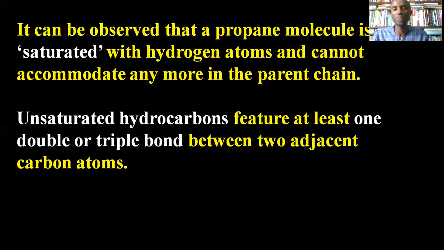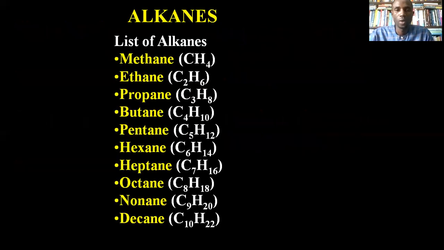Whereas an unsaturated hydrocarbon will feature at least one double bond or triple bond on it. But a saturated hydrocarbon is not like that. Everything is single bond. All right, that is for saturated hydrocarbon.